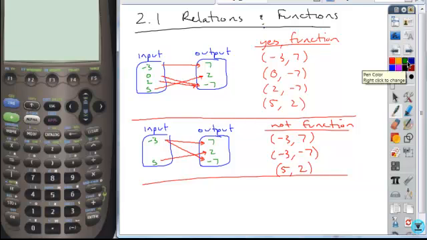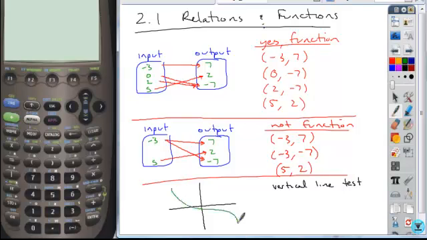So in addition to this ordered pair way to model whether something is or is not a function, and this other visual way, we also talked about the vertical line test. When you're looking at a vertical line test, what you're looking to see is whether there is a vertical line that passes through your graph in more than one place.